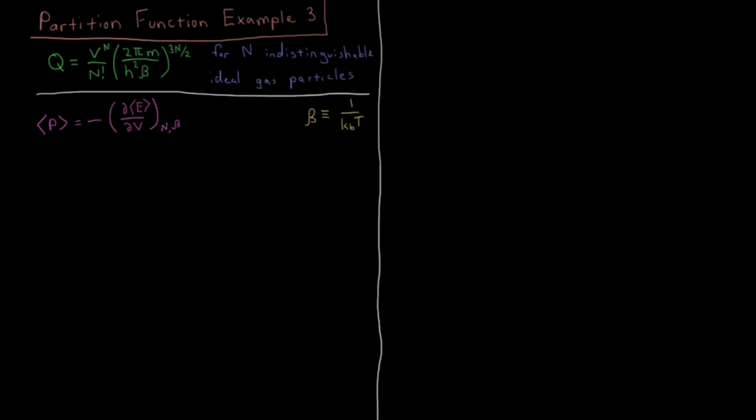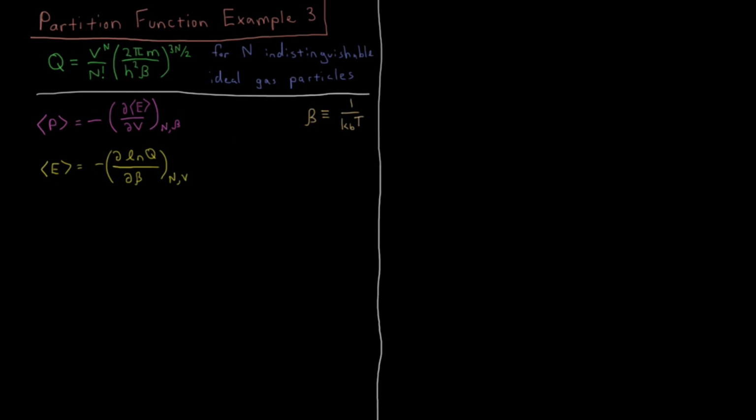If we recall from before, the average energy of our system was defined as minus the partial derivative of the logarithm of the partition function with respect to inverse temperature beta, and that would have been at constant number of particles and constant volume. And so we're taking now the derivative of this whole quantity with respect to volume.